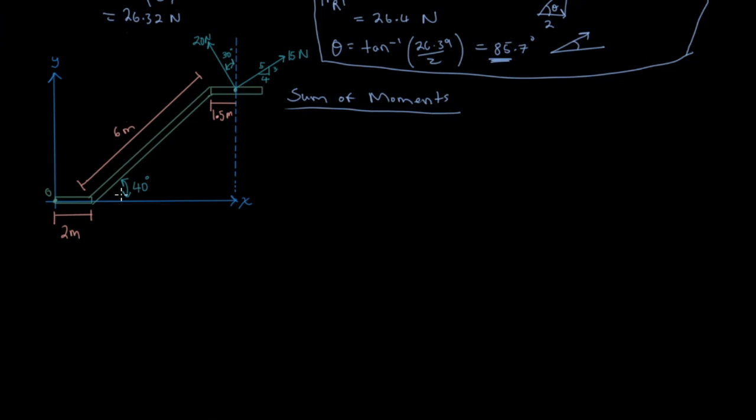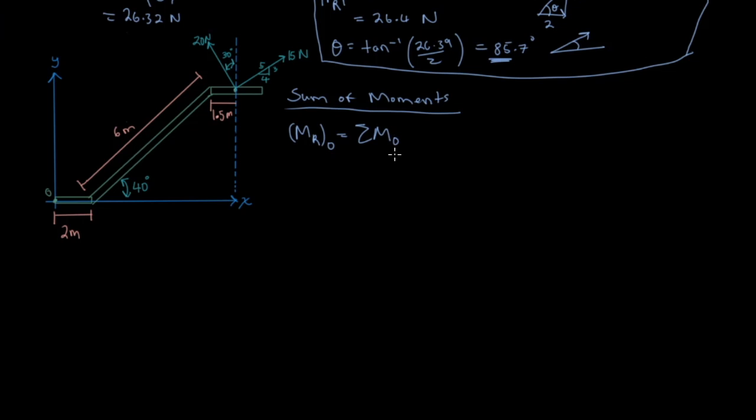Again, what we're doing is we're considering all components of the different forces here to add up our sum of moments. As we know from our equation, the resultant moment about the origin, about point O, which is the point in question here, is equal to the sum of moments about that point.